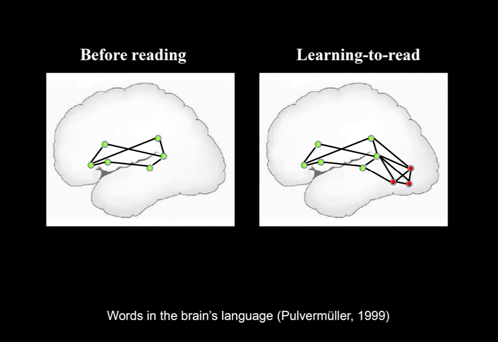And it's the mapping between this novel visual interface and the spoken language system. So at a very broad level, there are three main factors that affect learning to read: spoken language, the visual orthographic interface, and the mapping between these two domains.